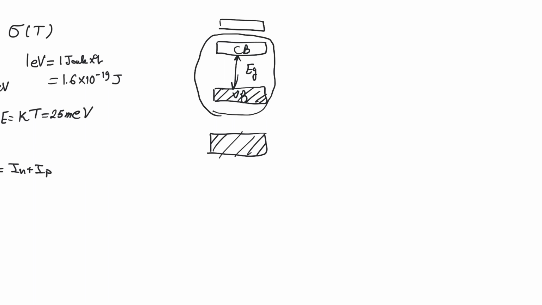In fact, in insulators, Eg is so high that at normal operating temperatures, you can assume that no electrons make it across the band gap. And therefore, the valence band is completely full, and the conduction band is completely empty. What that means is that there are no free locations for electrons to move through in the valence band. There are no electrons to move at all in the conduction band.